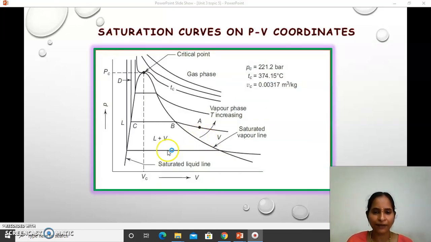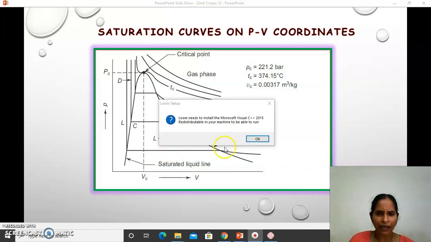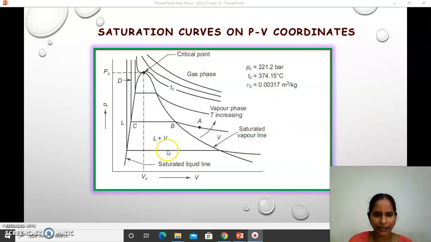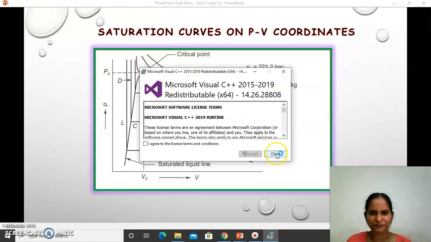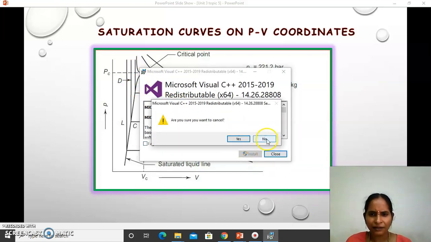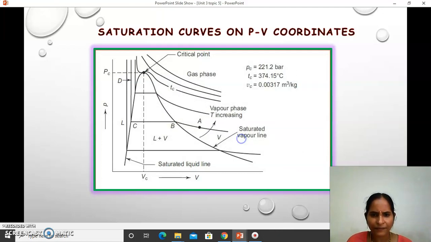If you come to the PV diagram, even here, somewhere around here, you can see the triple point. That I will show you later. When the temperature lines, I told you, are the constant isotherms, here are some of the isotherms shown.